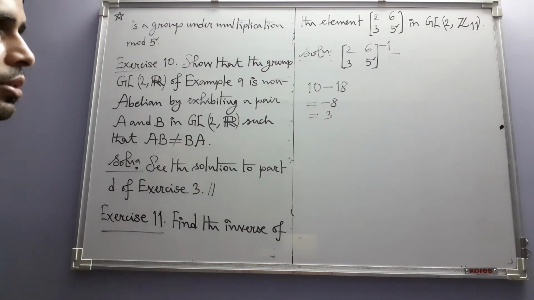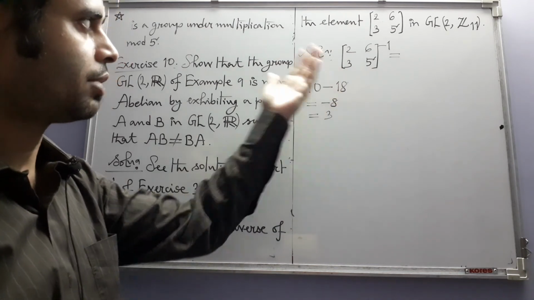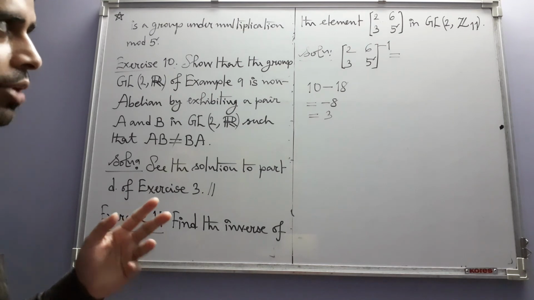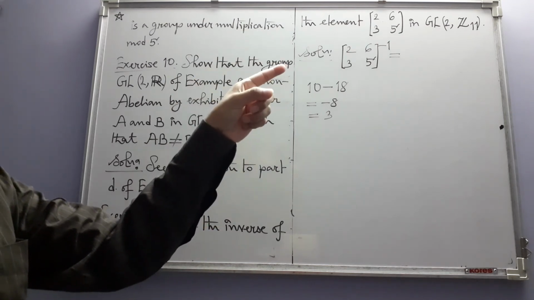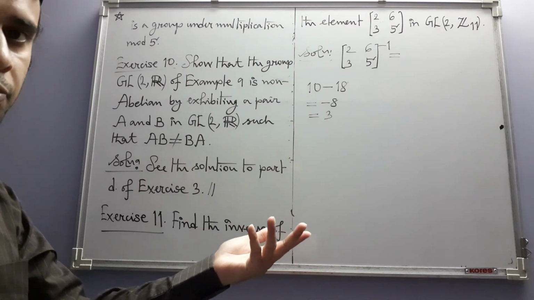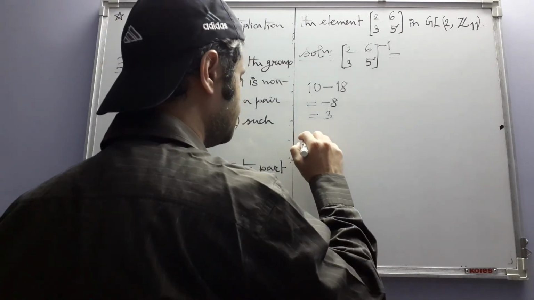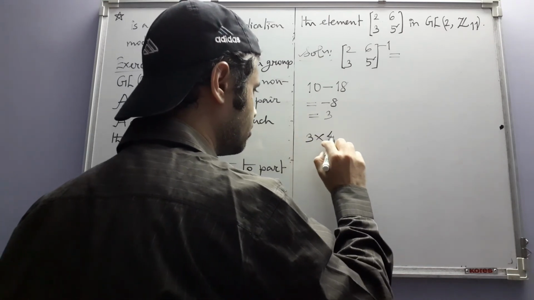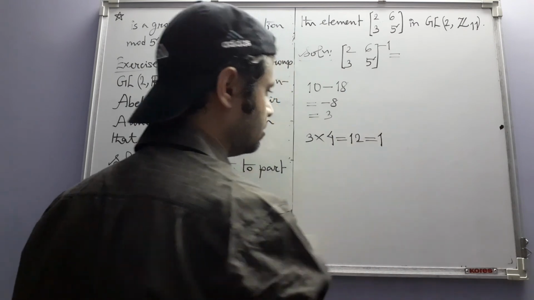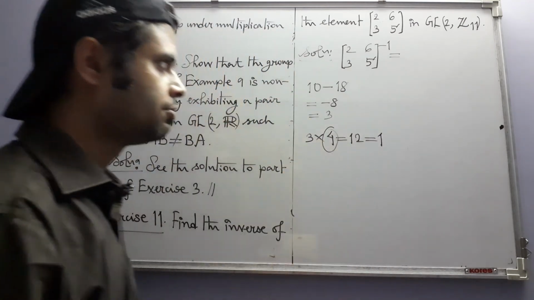Now we have to divide by the determinant to find the inverse. We have to divide by 3. Dividing by 3 in Z11 means multiplying by the inverse of 3. Now what is the inverse of 3? You can see that 3 times 4 is 12, which is equal to 1 in Z11. So the inverse of 3 is 4.